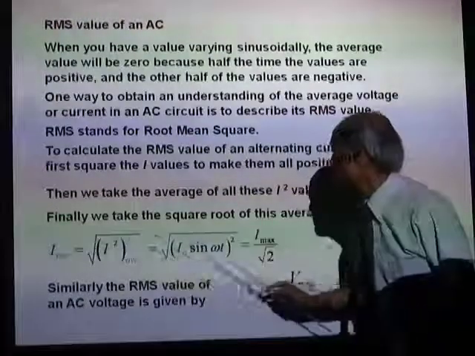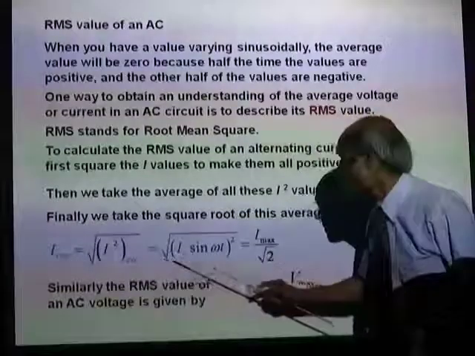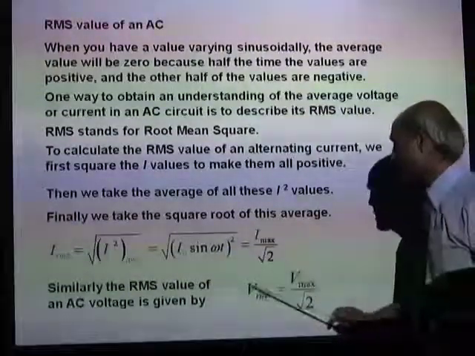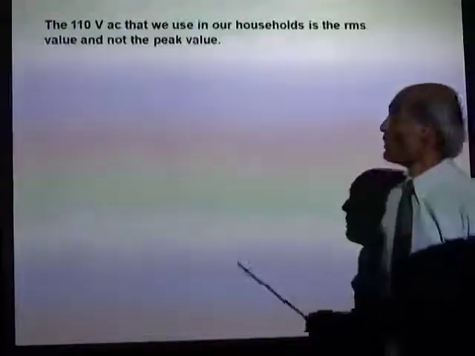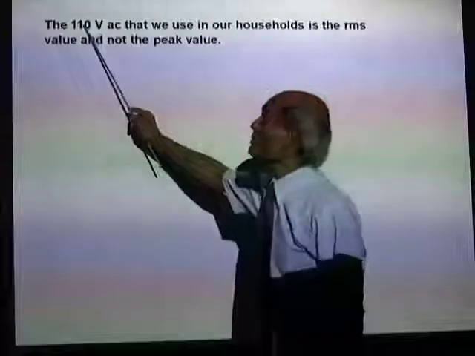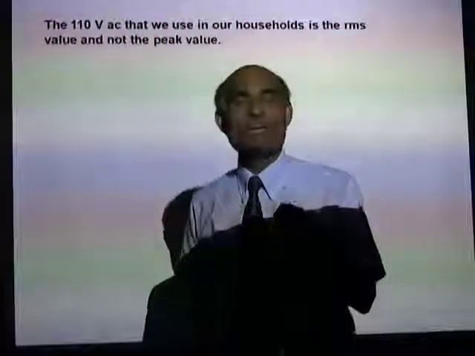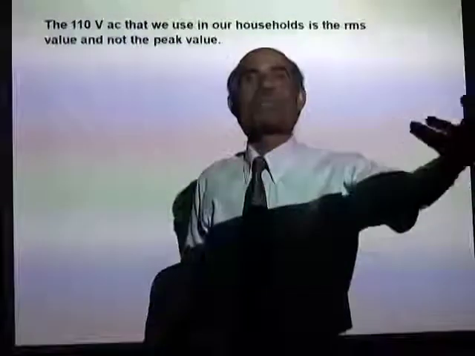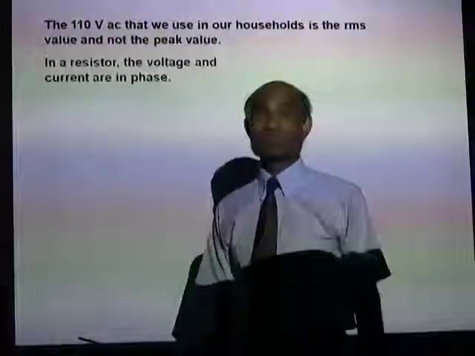We will use these very often. That means I max equal to I RMS times square root 2, and V max is V RMS times square root 2. Well, when we talk about the 110 volt AC that we use at home, is that the RMS value or the peak value or the maximum value? Well, of course it is the RMS value and not the peak value.